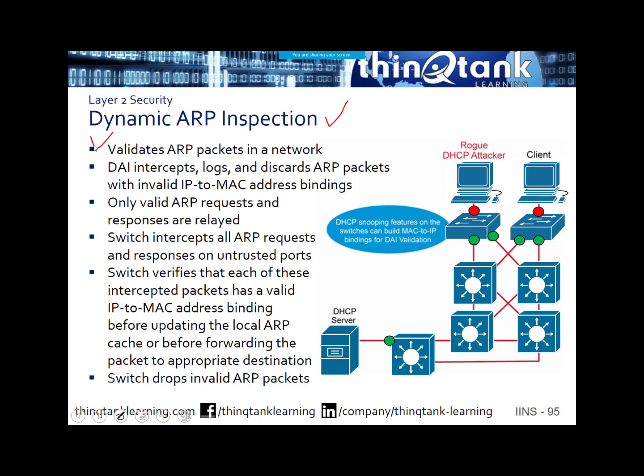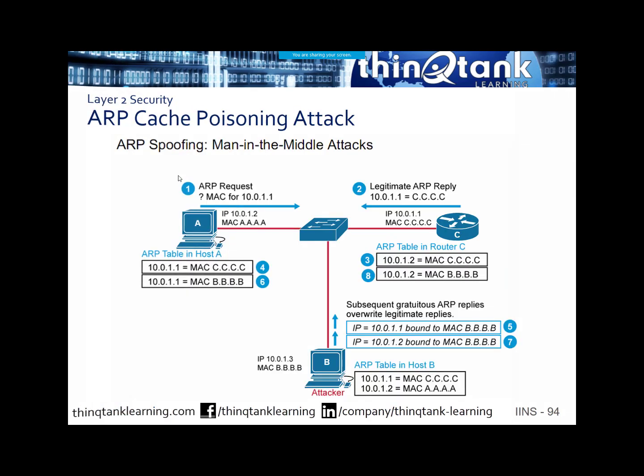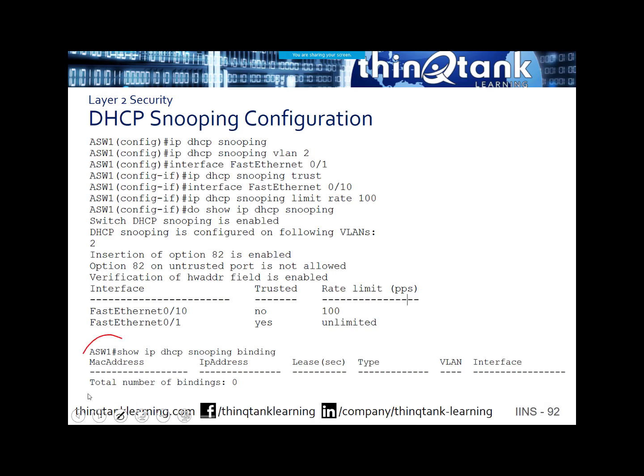With Dynamic ARP Inspection, we validate IP to MAC address bindings in the DHCP Snooping database. If you remember, in our DHCP Snooping database, we had MAC address to IP address to lease to type to VLAN to interface bindings. So I was actually binding the MAC address of the host to the IP address that that host is supposed to have.